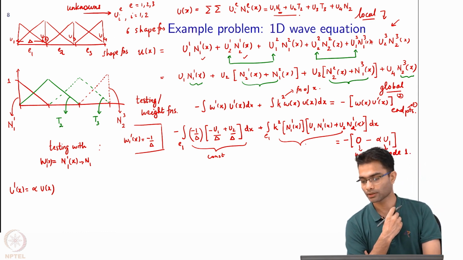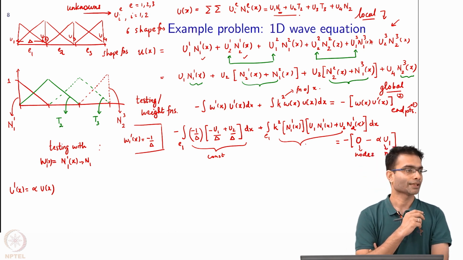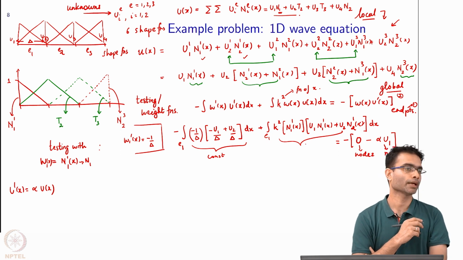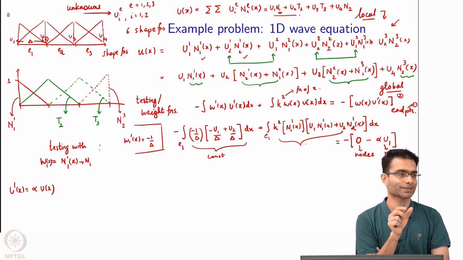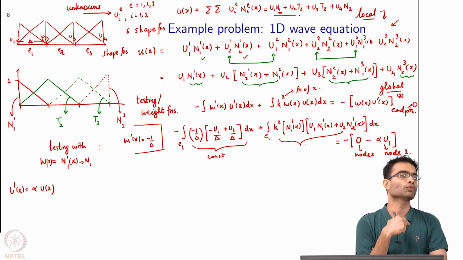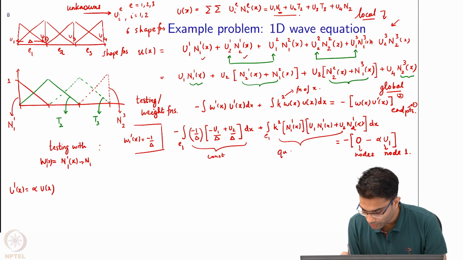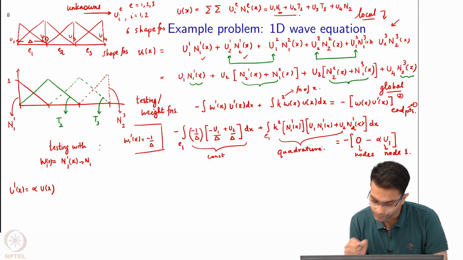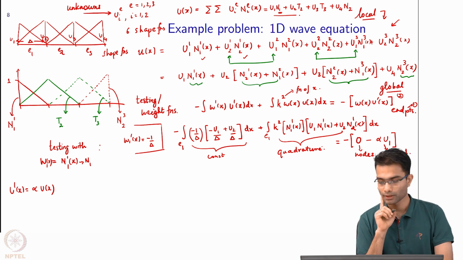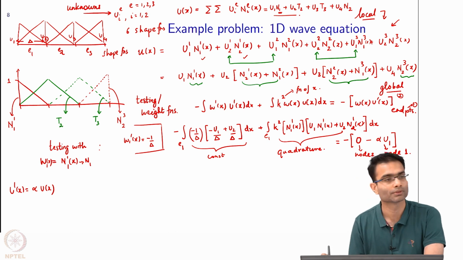N1 and N2 are linear, so this is a quadratic function. What are the variables? u1, u2. Anything else is a variable, k. k is a function of x, right? So if my discretization is fine enough, I can assume k to be approximately constant within that. So a piecewise constant approximation I can make for k. Or if k is something more complicated, there is no problem. What will I do for this term? Use a quadrature rule in general. So this can be evaluated by quadrature, fine.